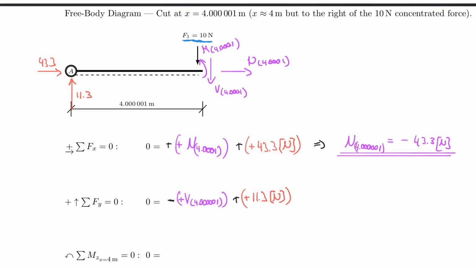So therefore, I also have a positive 10 Newton because a force is always positive in a diagram, but it's acting in the negative direction. So therefore, it's going downwards.